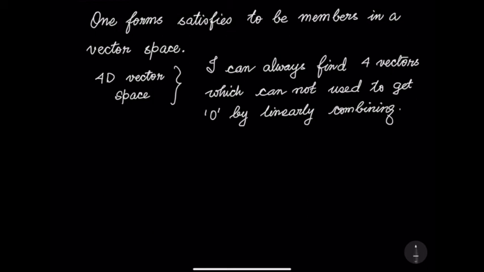Okay, what do I mean? So say I have these 4 of them. Remember that these are one forms. So I write it this way. And because I have 4 of them, I label them this way. So these are 4 one forms. So I cannot find alpha, beta, gamma, and delta such that this linear combination is 0. So this is not possible.